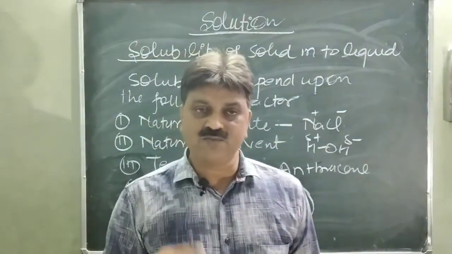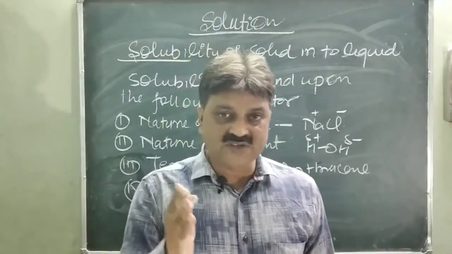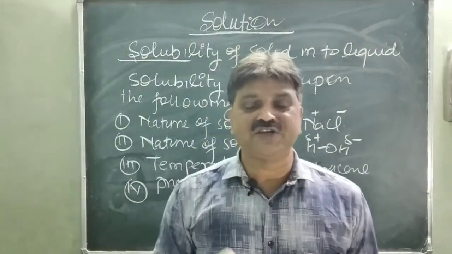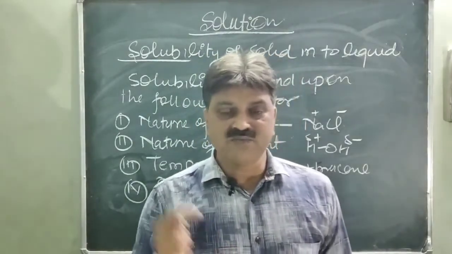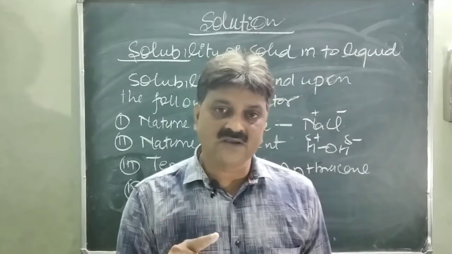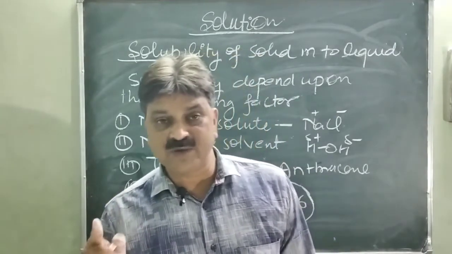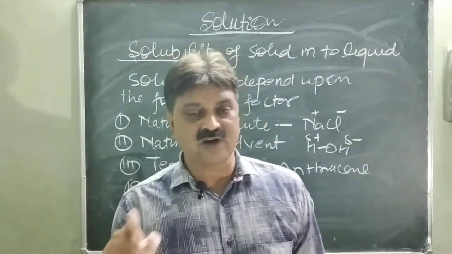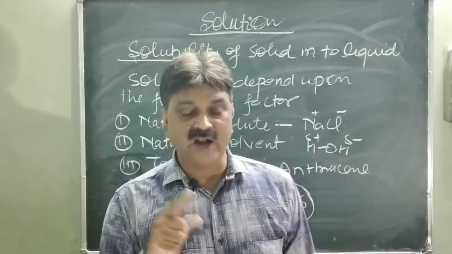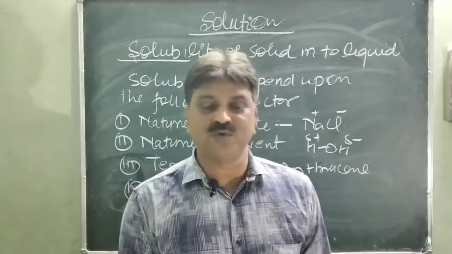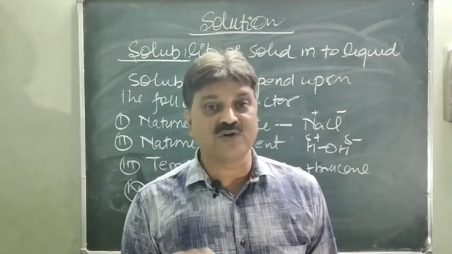Polar substances are soluble in polar solvents. So solubility depends upon the nature of the solute and solvent. If the solute is polar, it is always soluble in a polar solvent and insoluble in a non-polar solvent. And non-polar is always soluble in non-polar; it does not dissolve in a polar solvent.